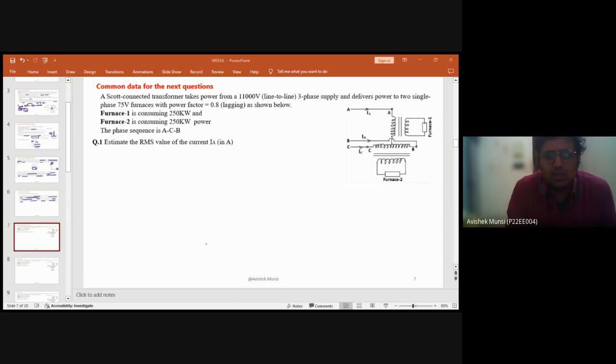It delivers power to two single-phase 75-volt furnaces with a power factor of 0.8 lagging. Furnace 1 is consuming 250 kilowatts, and at the same time, furnace 2 is also consuming 250 kilowatts. The phase sequence is ABC. We have to estimate the RMS value of the current IA. So try it. I'm giving 5 minutes, and after that I will solve it.